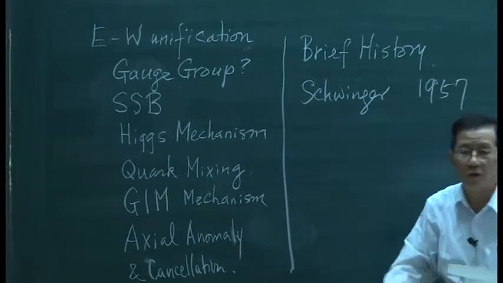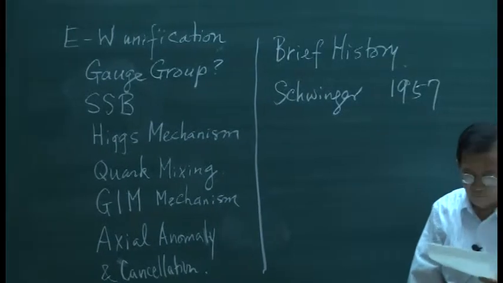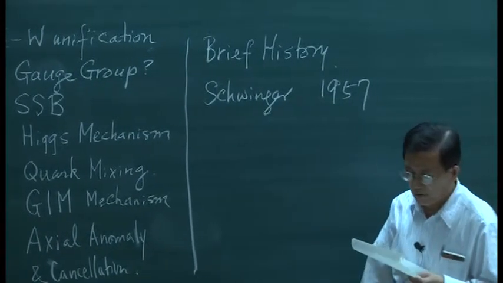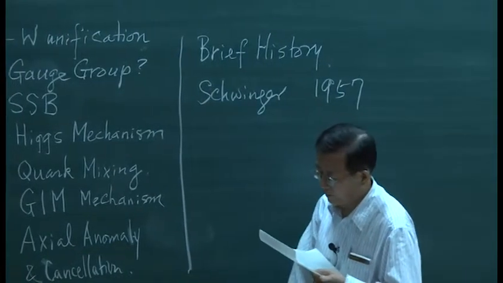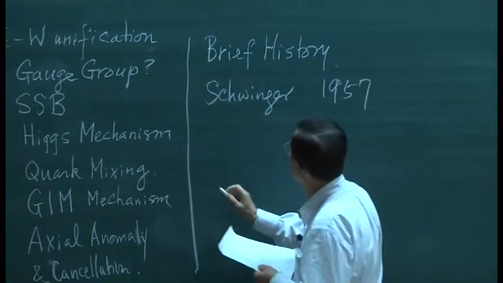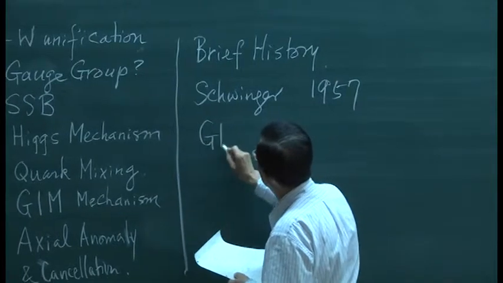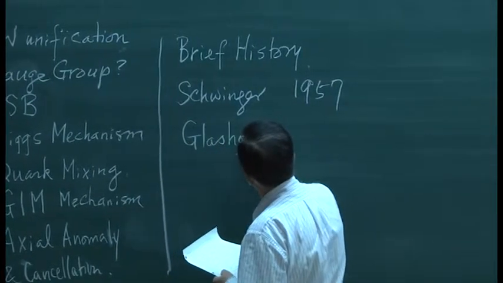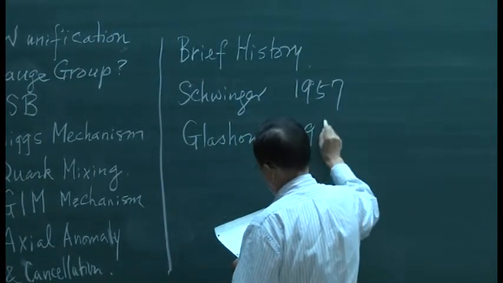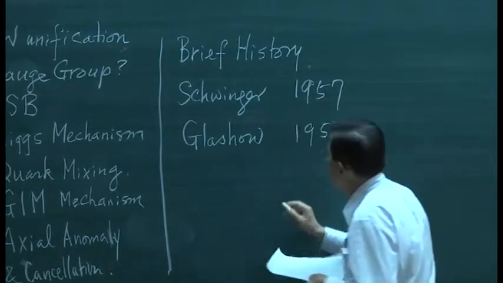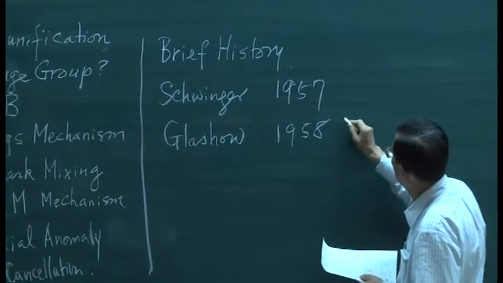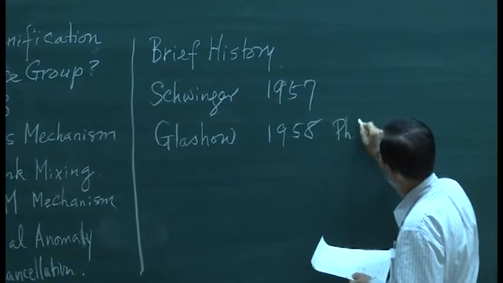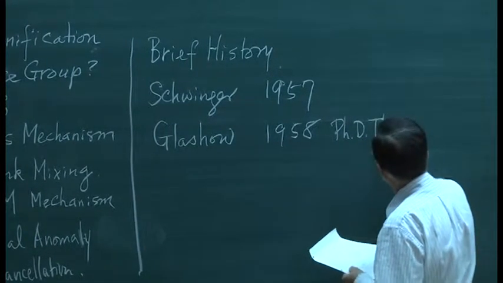He published a very long paper called Fundamental Interactions, and they combined electric and weak interaction together. And then Glashow in 1958, he gave the same problem to Glashow also. This is his PhD thesis.